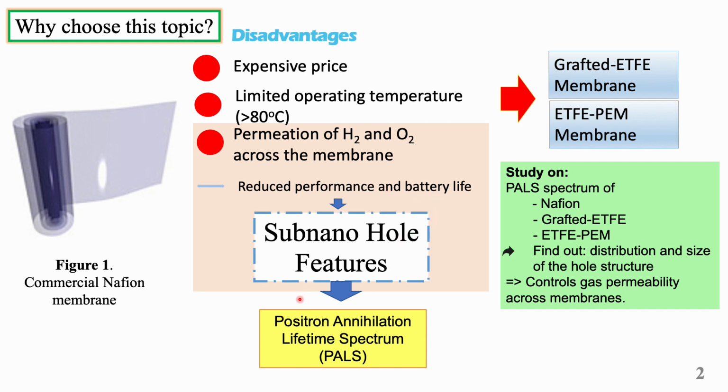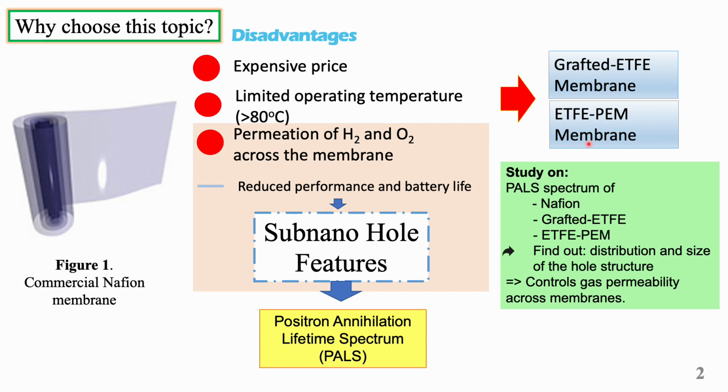The main reason is the existence of subnano holes in the structure, so we use Positron Annihilation Lifetime Spectrum, we can call PALS, to discover this. And we study two membranes to improve the disadvantage, that is grafted ETFE membrane and ETFE PEM membrane.